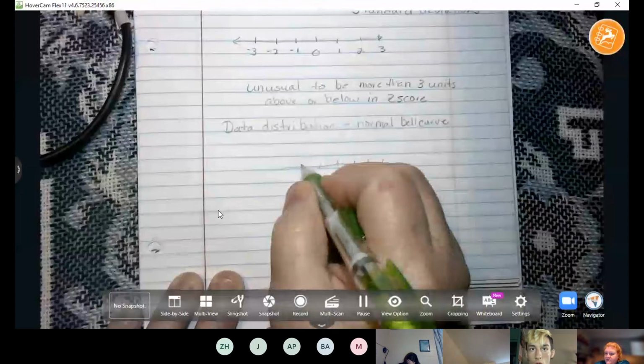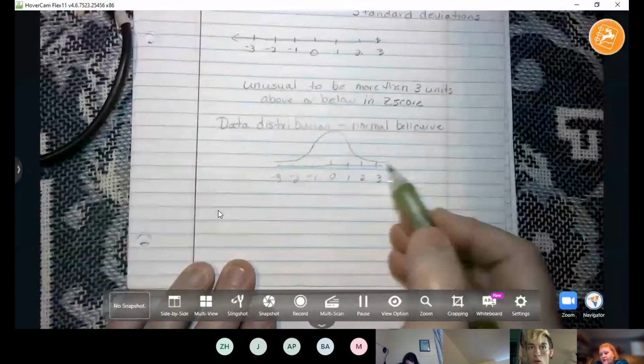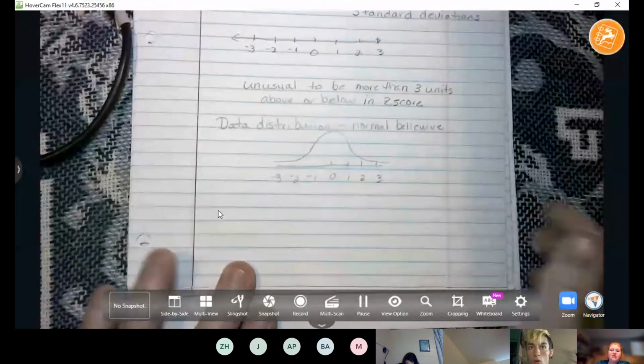It's going to be grouped in the center, around the mean, and then very few items are out here on the ends. So that normal data peaks at the mean, bunches in the middle, and then very few at each end.